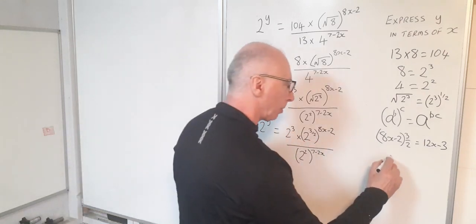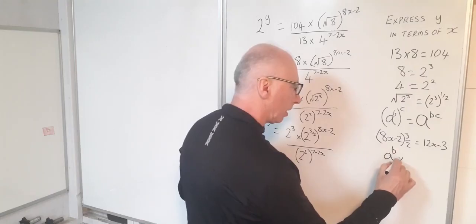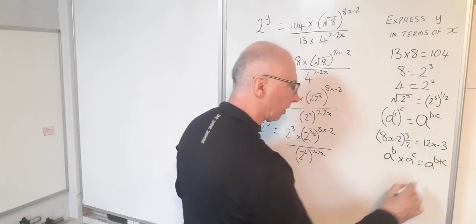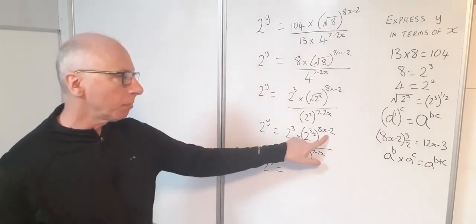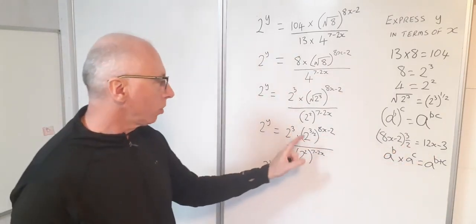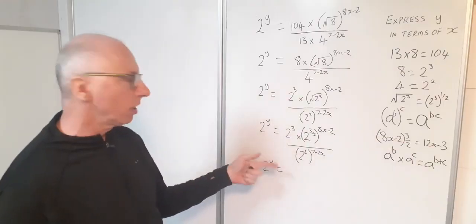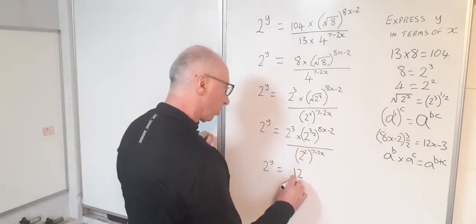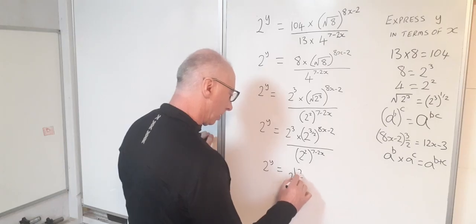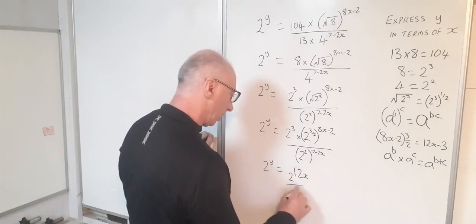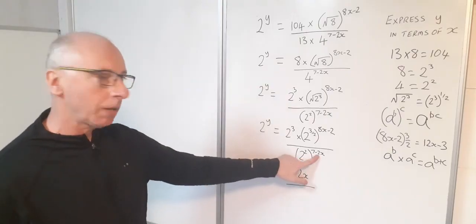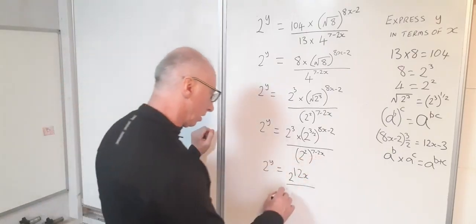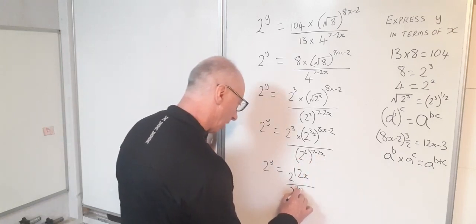Whereas if I have this property, a to the power of b times a to the power of c is a to the power of b plus c. So I can just add 3 to my result here. So 12x minus 3 plus 3 just gives me 12x. So now I've got 2 to the 12x. So that's my indice. And my denominator, just times this by 2, I've got 14 minus 4x.